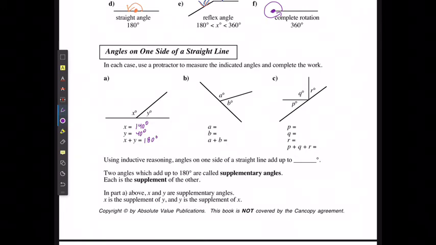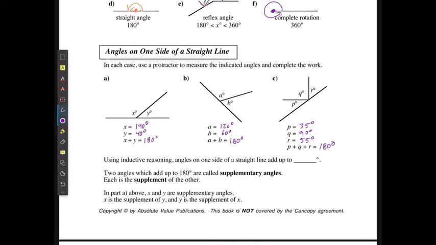If I look at example B, angle A is 120 degrees, angle B is 60 degrees, and they add up to 180 degrees. If I'm looking at P, Q, and R, P is 35 degrees, Q is 90 degrees, and R is 55 degrees. And when I add all three of them up, I get 180 degrees.